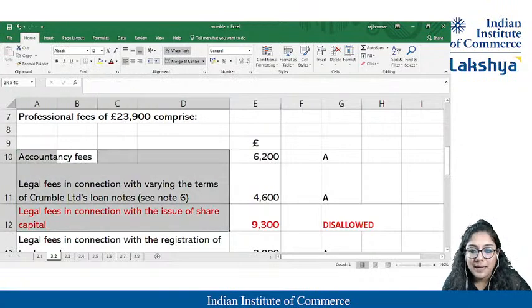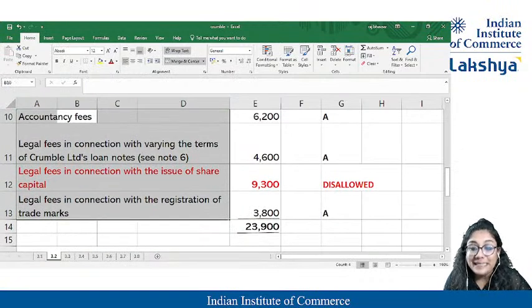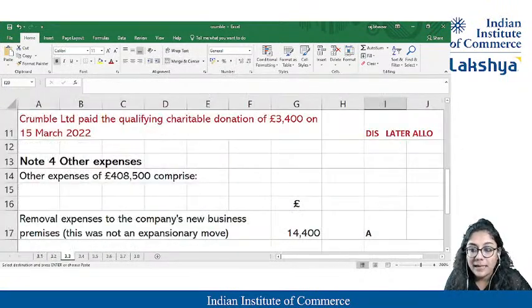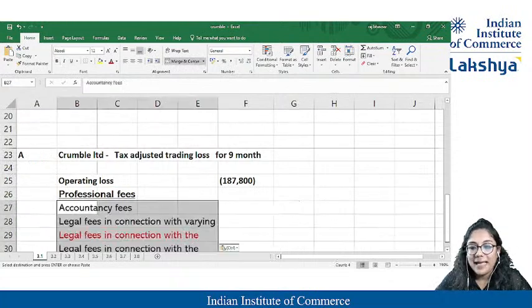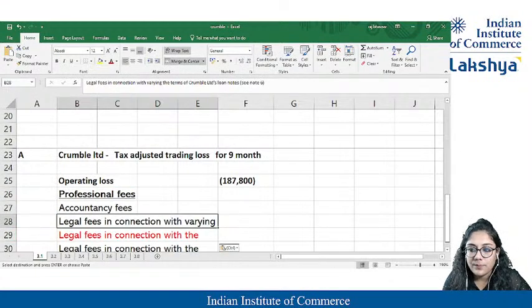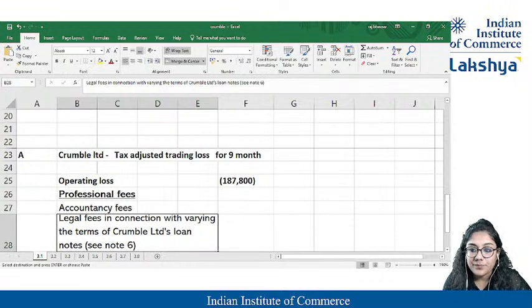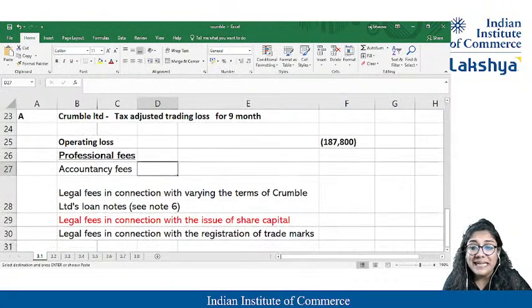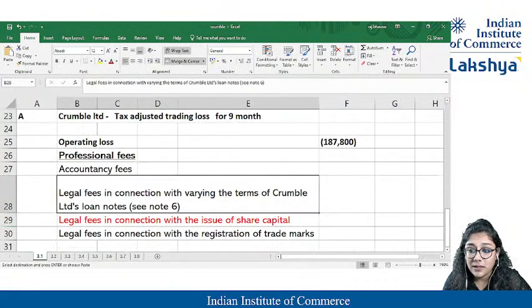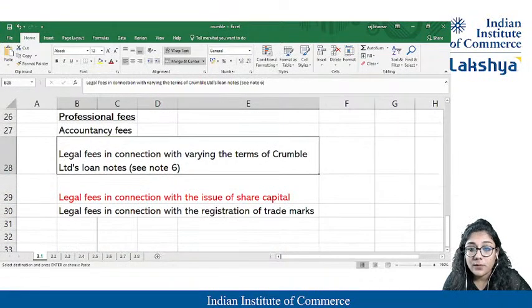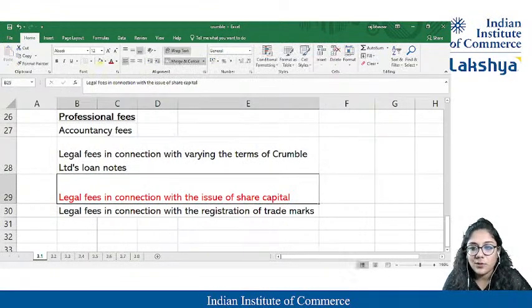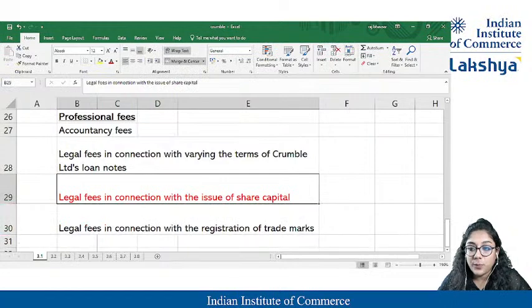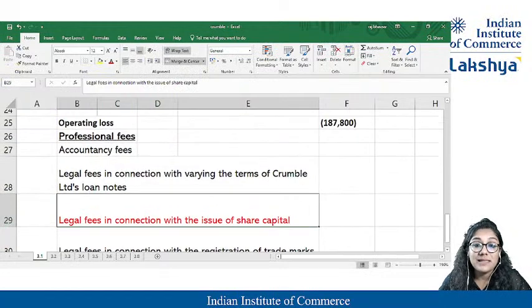Students, in the examination, try to write each and everything over here. I'm just copying it because I want to make it easy. But in the examination, you all are supposed to write each and everything. So just don't write it over here. See note 6 and all, that is not relevant. But students, you all have to copy this, and whatever is read in the question, only that much I have to write.